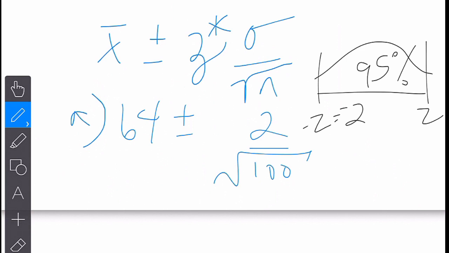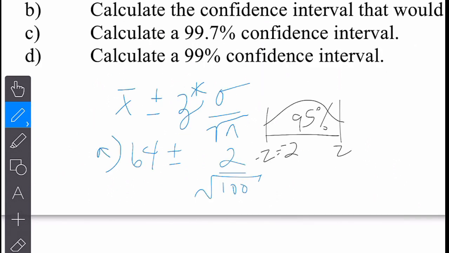So negative z is -2 and positive z is 2. Remember those results of 2 standard deviations, that was what we learned in unit 2 a long time ago. But we want to be more precise than that. That was just an approximation, rounding up. What precisely would give us 95% in the middle?